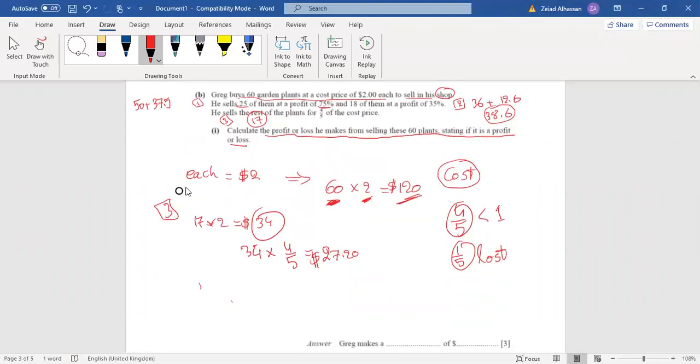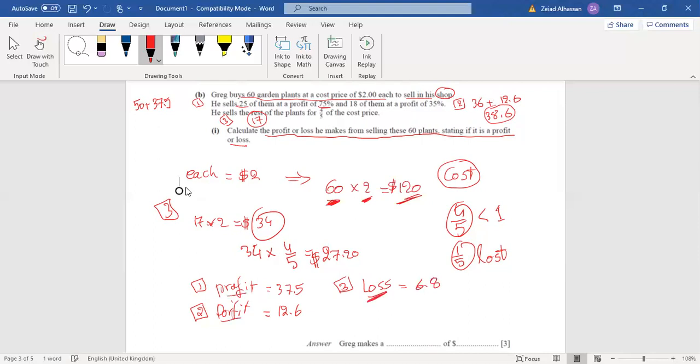In step number 1 I had a profit of 37.5. And step number 2 I also had a profit of 12.6. And step number 3 I had a loss. By how much? Let's see. 34 minus 27.20 equals $6.8. Here he lost 6.8. That's a loss, that's a profit.